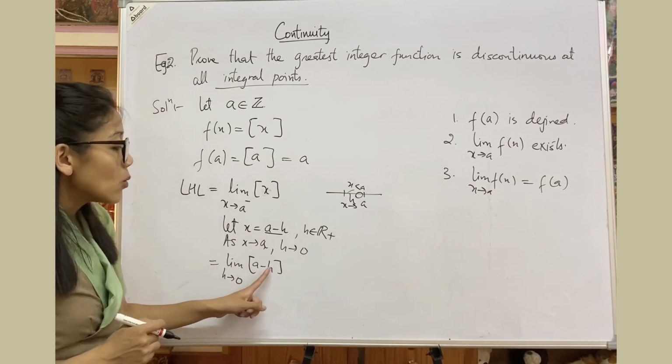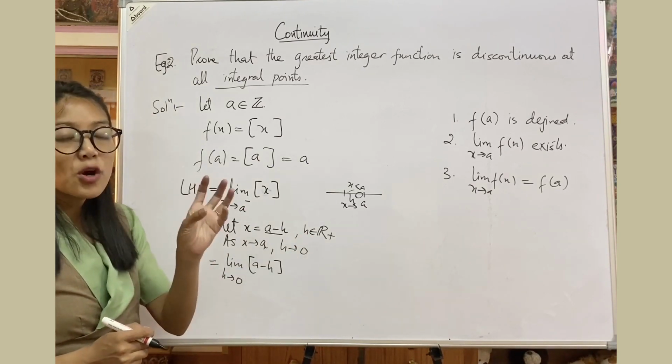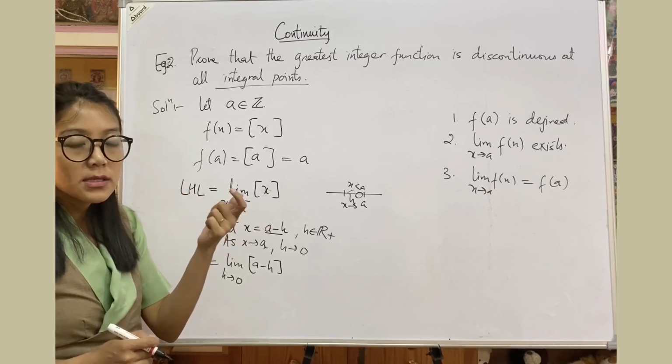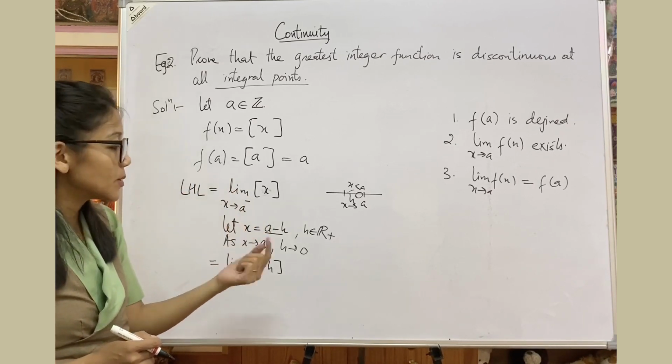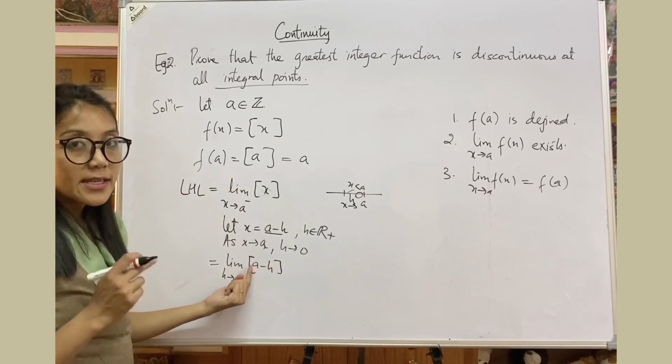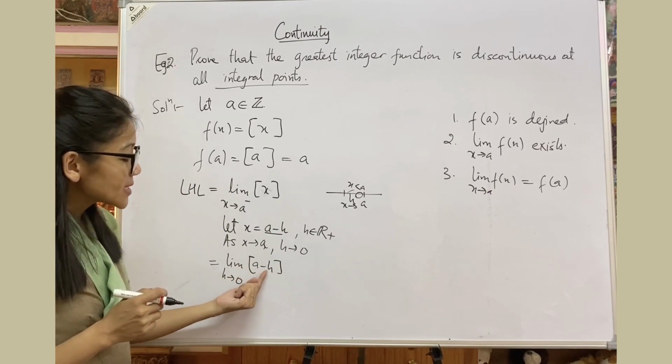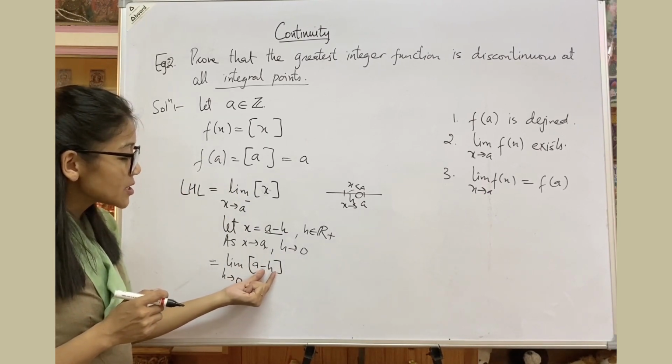Now what is this h? h is a small positive real number, some small positive decimal number, and a is an integer. So we are subtracting some small positive number from a.